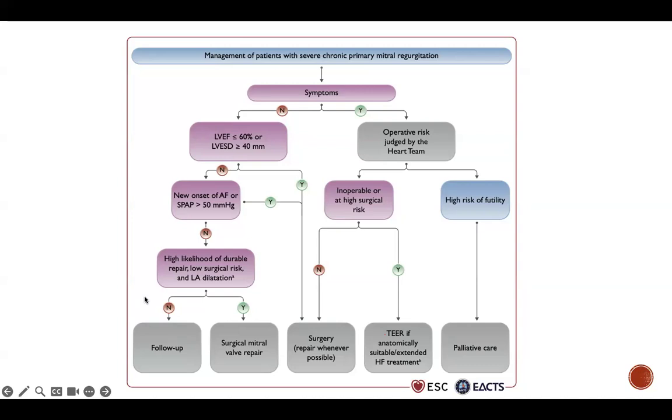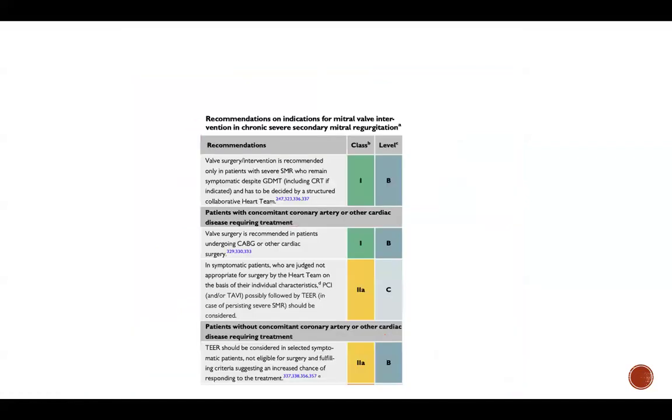If you have an expert center, if the likelihood of repair, not replacement, is more than 90% and the patient is low surgical risk, especially if you have left atrial dilatation, then again, this is a class 2A indication for surgery. Otherwise, if all of these are negative, you go for follow-up at a 6-month to 12-month period.